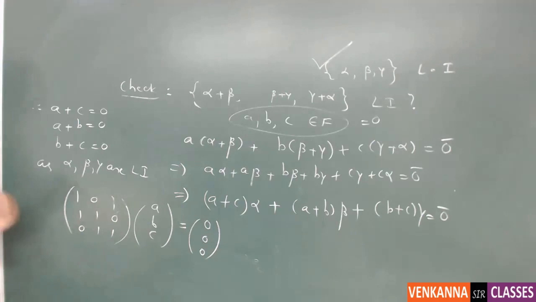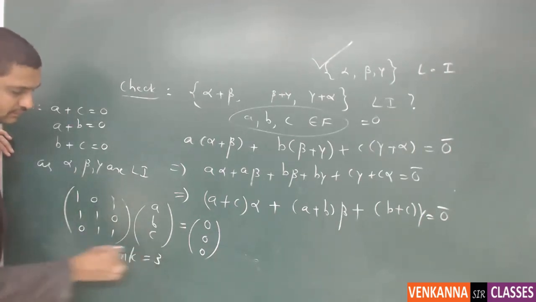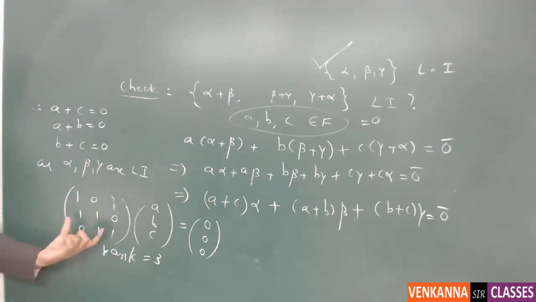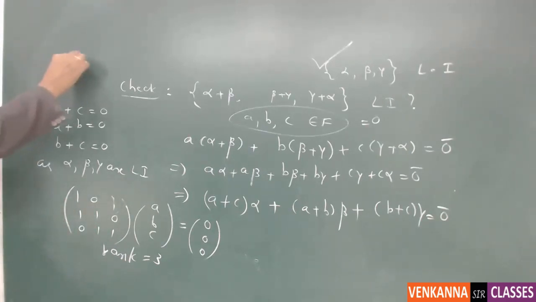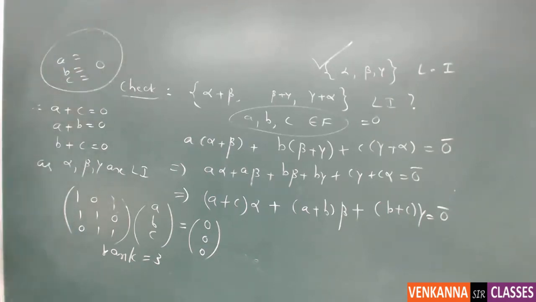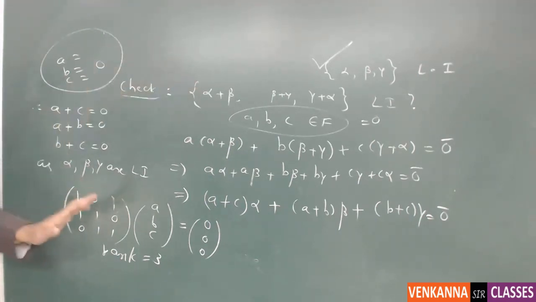So here, the rank of the matrix is 3, which is equal to the number of variables. So the given system has only the trivial solution. So you can say only A, B, C values are 0, and then only the system will get satisfied. Therefore, this set is linearly independent. That is the conclusion.